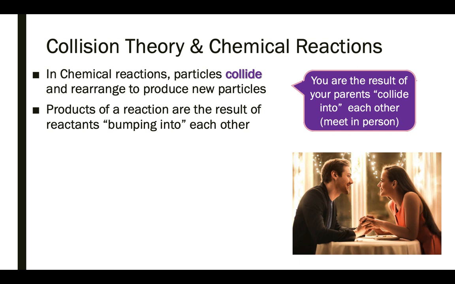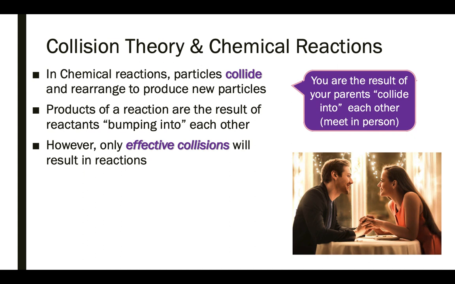Since we're using that analogy, we know that not all dates will lead to a marriage, just like not all collisions will lead to a successful chemical reaction happening. So only effective collisions will result in reactions. Basically particles are colliding into each other all the time.